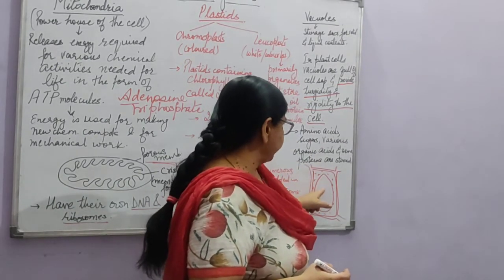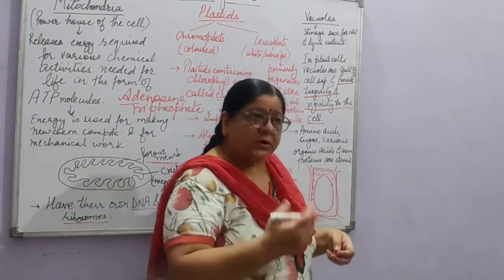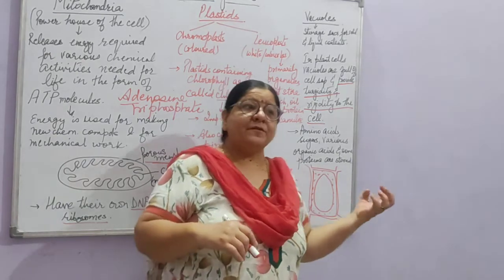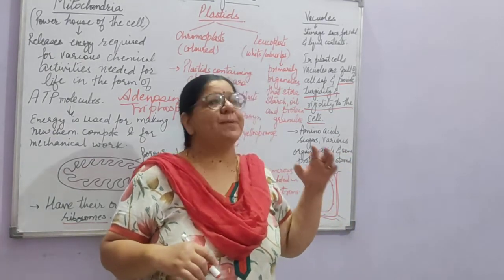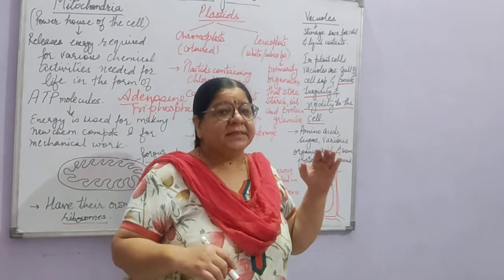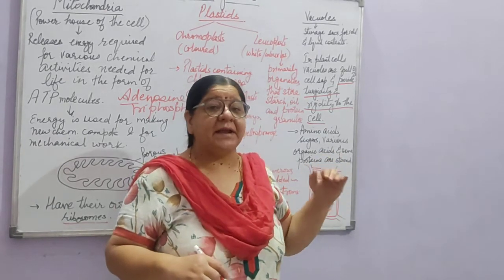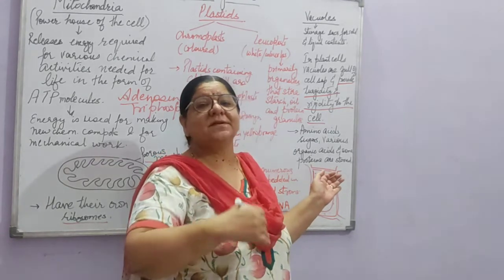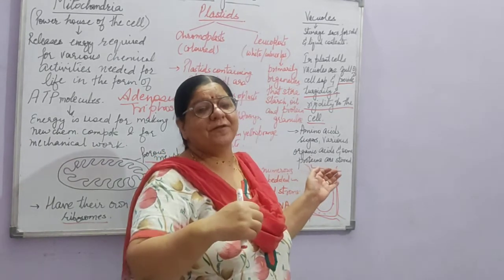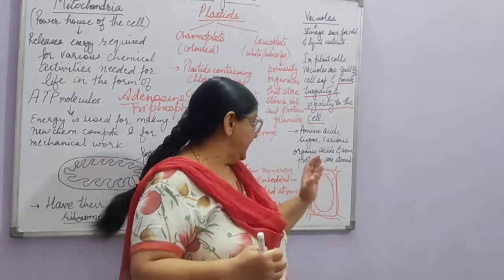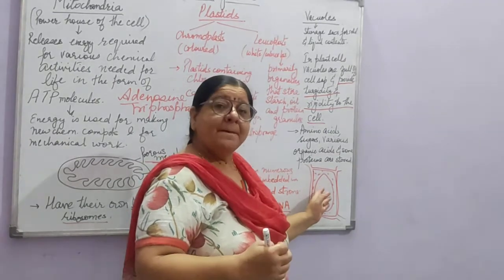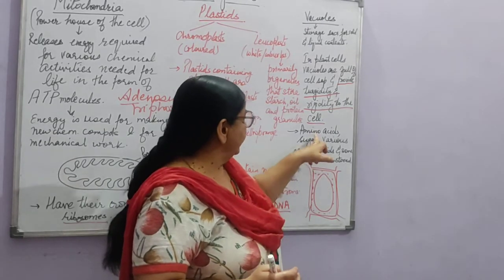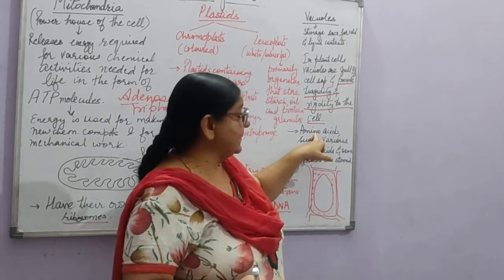Now all the important substances which are of very much importance for the life of the plant cell, required for its functioning, are present inside this vacuole. What are these important substances?